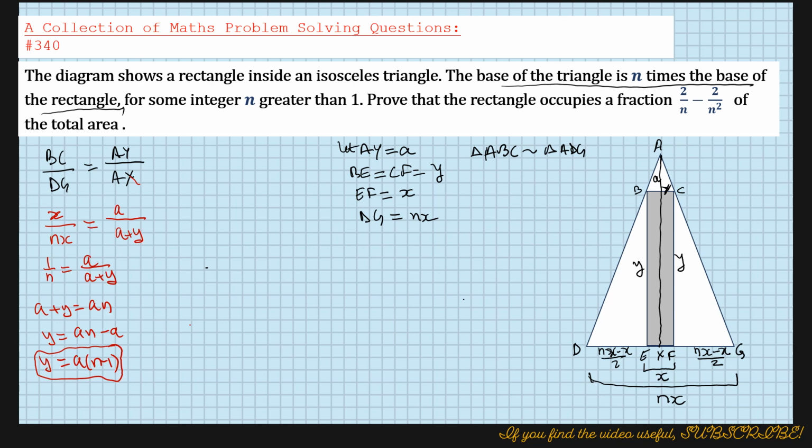So therefore, the area of the rectangle should be xy. So I get x times this.